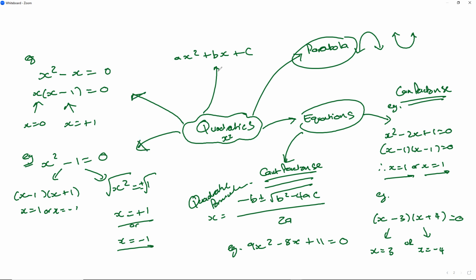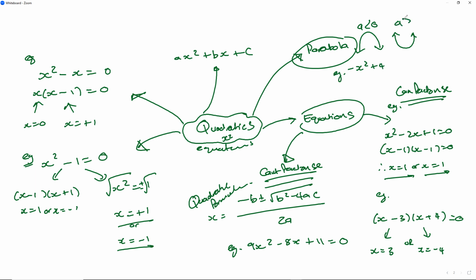All right, so that's quadratics in a nutshell in terms of quadratic equations, more than anything that we want to actually look at for this. The other thing is when your a value is negative, it'll end up as a sad face, like negative x squared plus 4, for example.